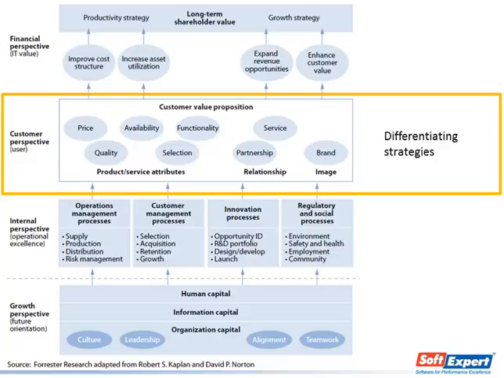Michael Treacy and Fred Wiersema determined that there are three different strategies an organization can use to differentiate itself in the marketplace, including a product leadership strategy, a customer intimacy strategy, and an operational excellence strategy, or a combination.